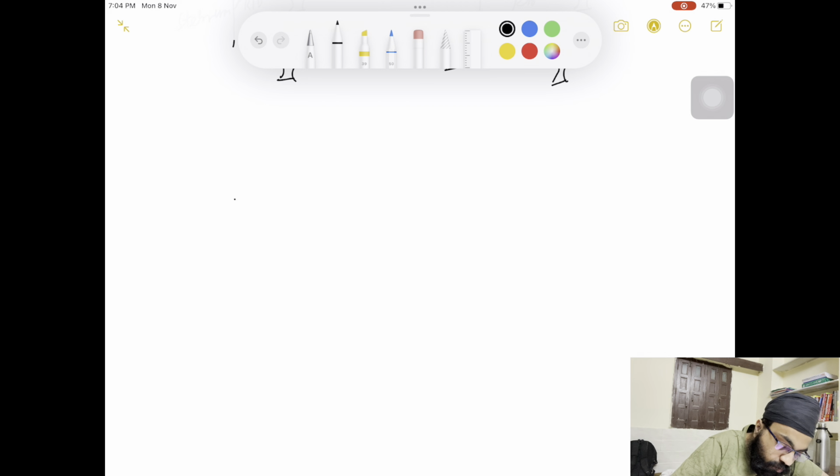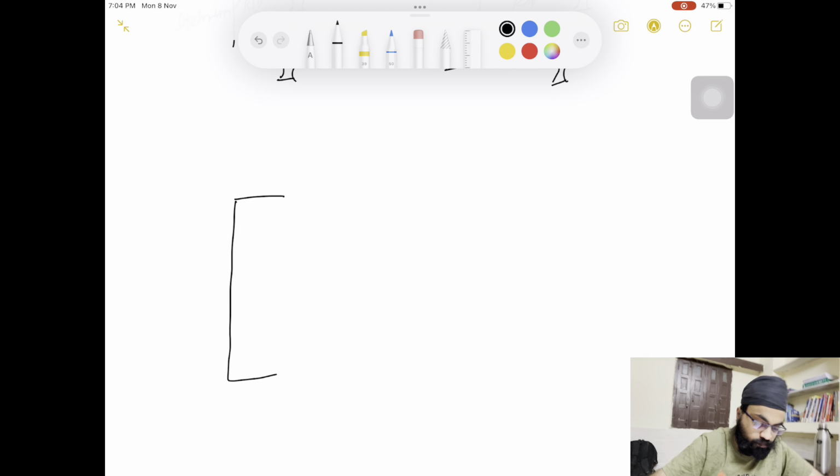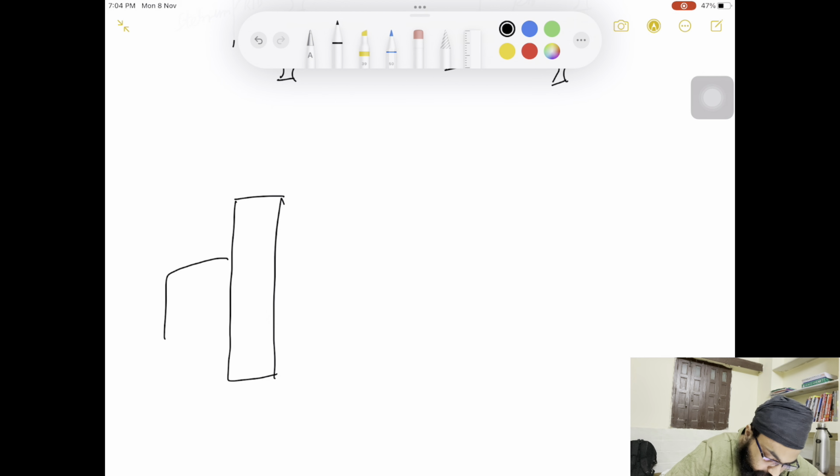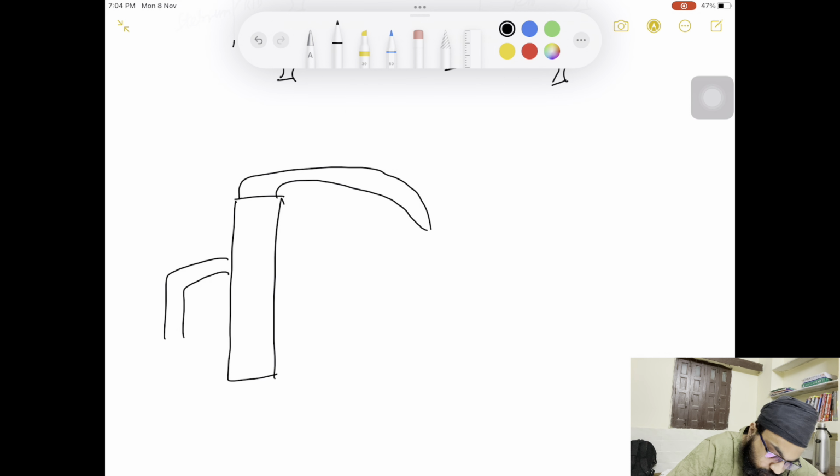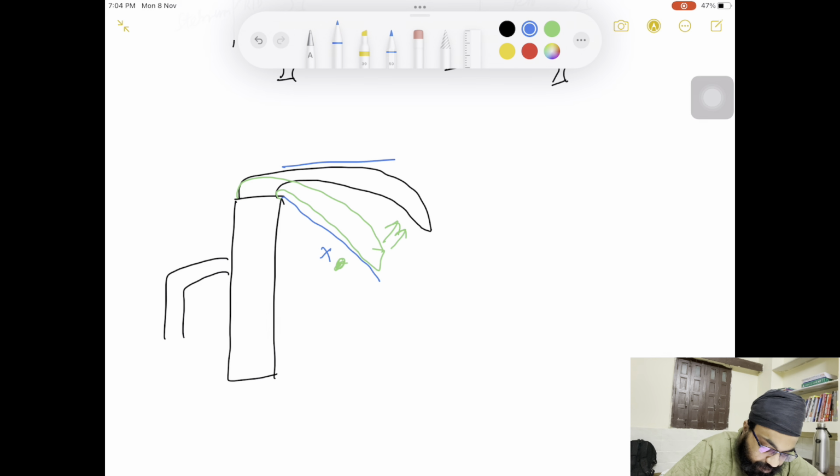This movement is compared with the movement of a pump handle, the hand pump that you see in villages. Why? Just look over here. The handle of the hand pump is getting lifted up. This was original, or you can just take this length as x, and this length as y.